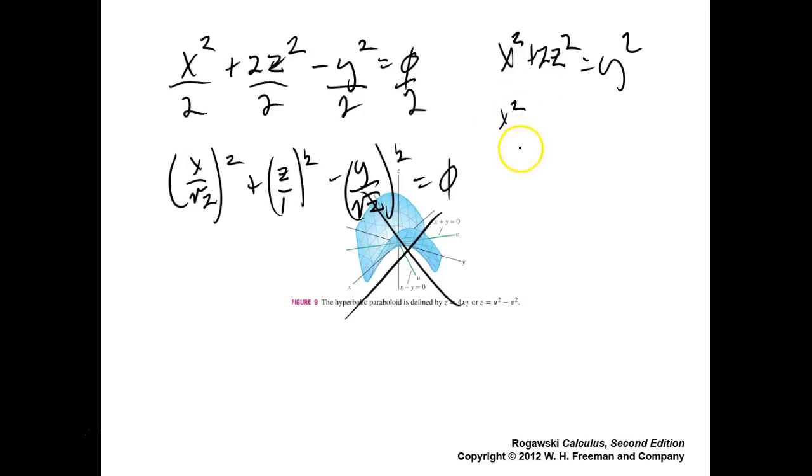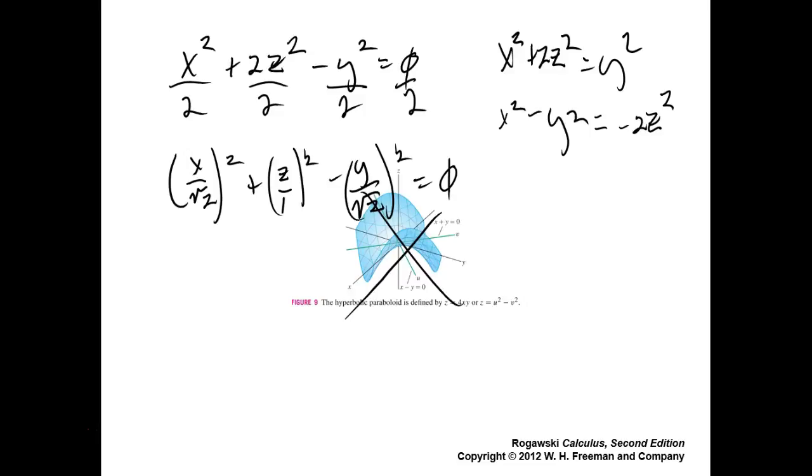X squared minus y squared is equal to negative 2z squared. Now that's going to be problematic. Well, no, not really too bad. The only way this is going to work is for y to be greater than x, right? Because there's no way this is going to be negative unless y wins here, right?